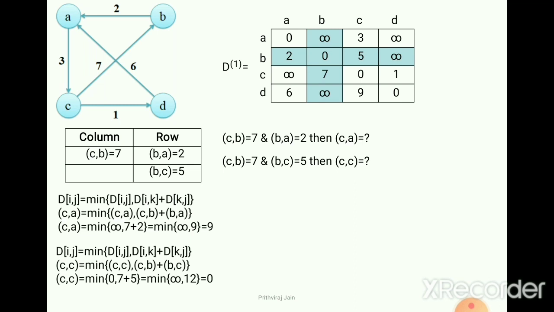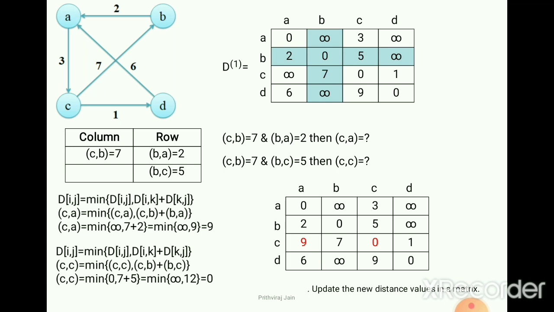So it should be 0 actually. Minimum of 0 comma 12, so the value will be 0, because the distance from C to C is always 0. Now update these values in the matrix.